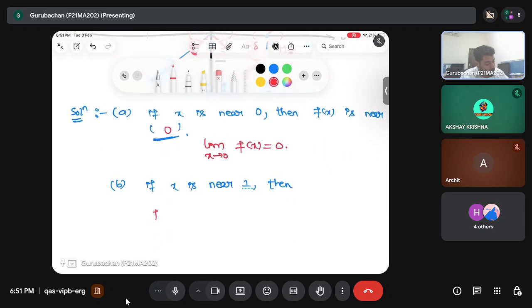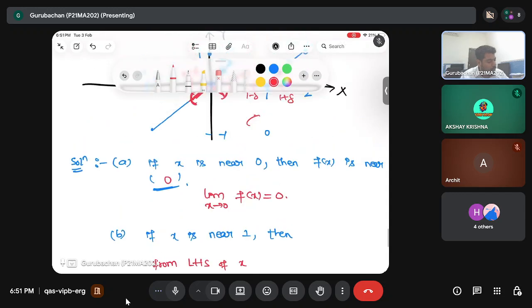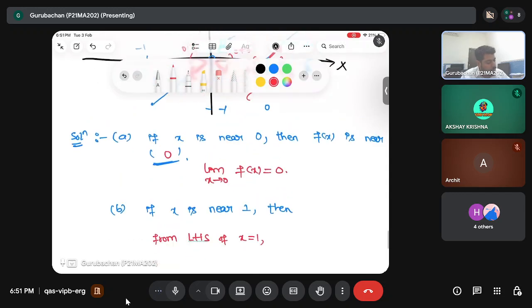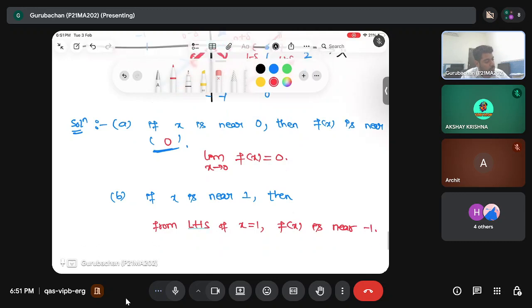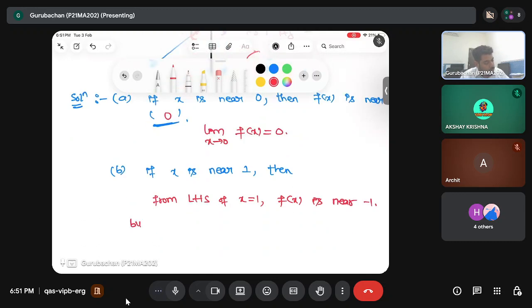So from left hand side of x equal to 1, f x is near minus 1, but from right hand side of x equal to 1, f x is near 0.